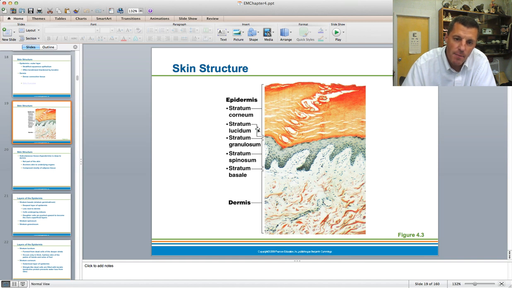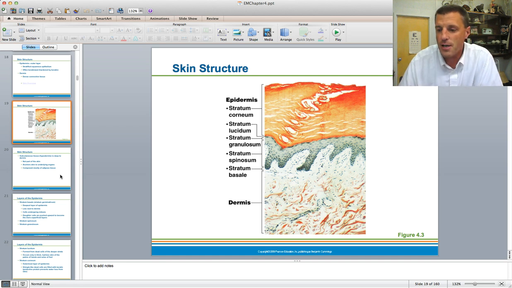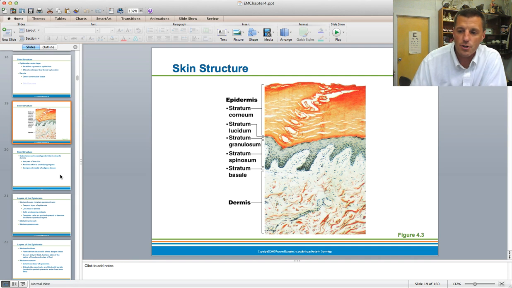And then the stratum lucidum has to do with it being kind of transparent. Then we have granulosum and so on. We'll talk about these layers going forward, but just have an idea of that picture. And again, I would remind you to take a look at page 98 in your book to adequately identify those as we go.